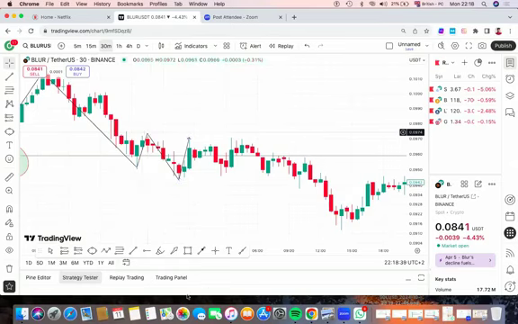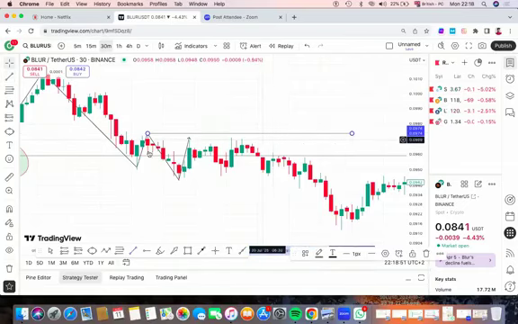If I draw a trend line on this, and you were to place your stop loss on this, you'll see that the market actually came up to this level.